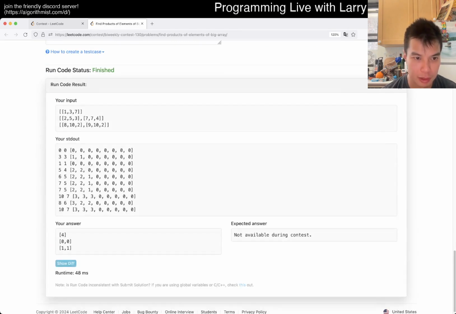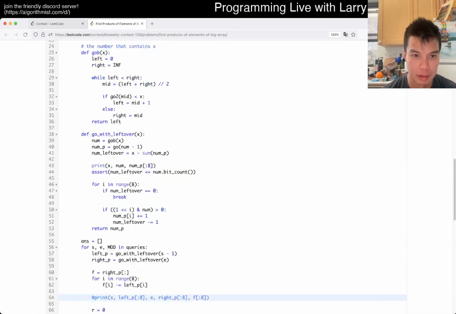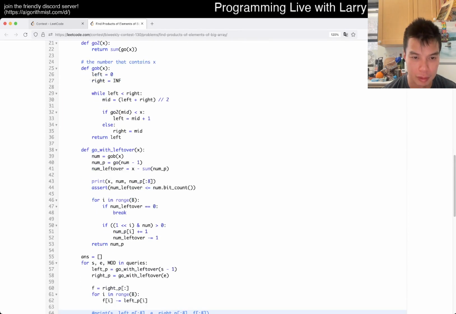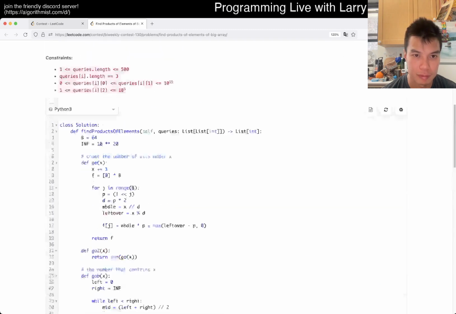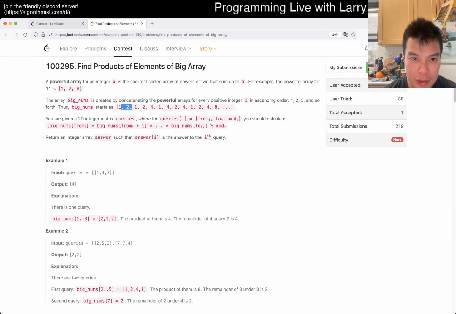Okay, we're trying to get the seventh number. Right. One, 2, 3, 4, 6, 7. Wait, is it? Oh no, this is the seventh number because it's 0 indexed.